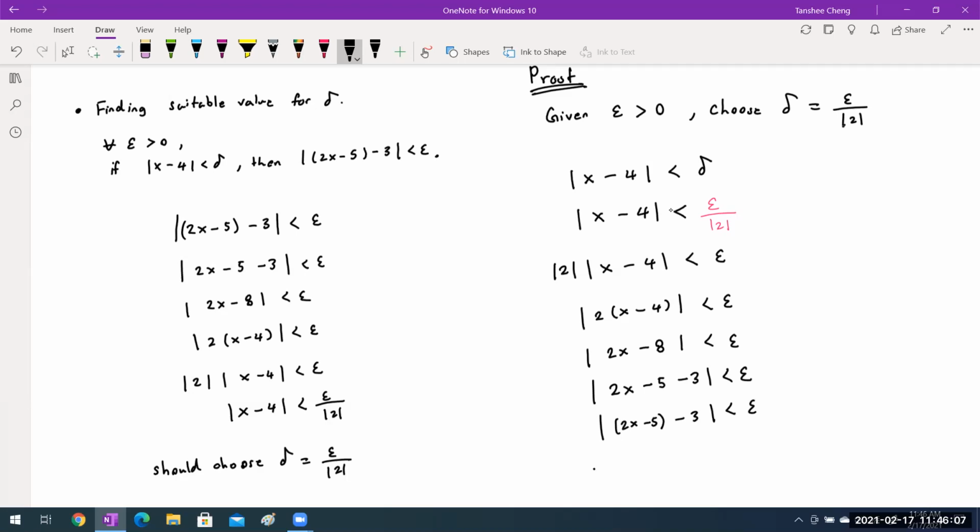Therefore, I can conclude that by the precise definition of limit, the limit as x approaches 4 of 2x minus 5 is equal to 3. And that is the end of the example.